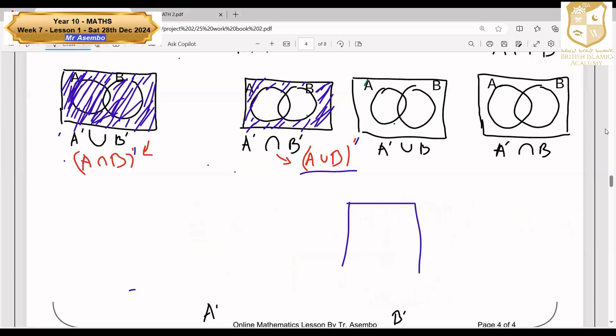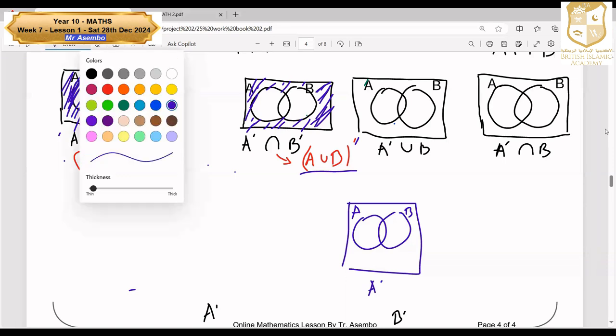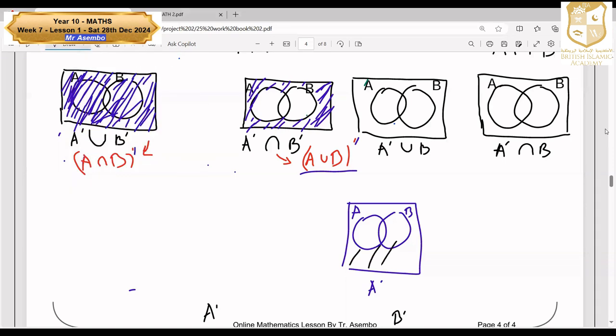The best practice is to draw them out separately and then check which part is appearing on both sides. So let's start with A complement. Let's say this is set A and this one is set B. Which one is A complement? A complement is everything that is not in set A.